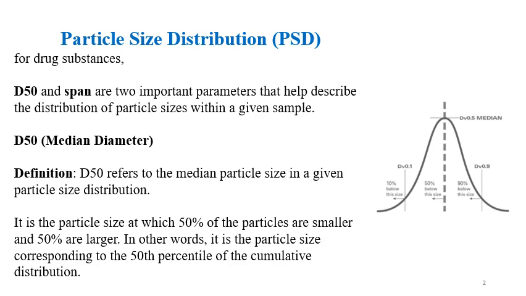For your easy understanding, consider D50 as follows: 50% of the particle population has a smaller particle size, and 50% of the population has a higher particle size than the D50 value.